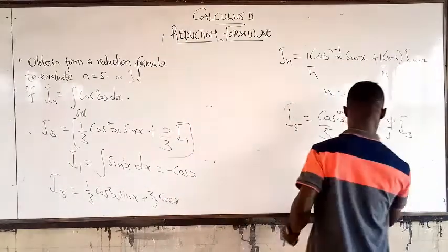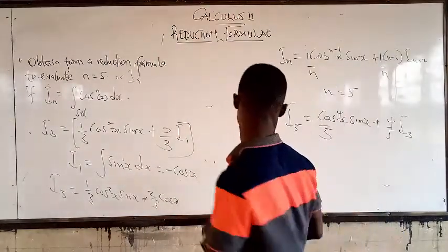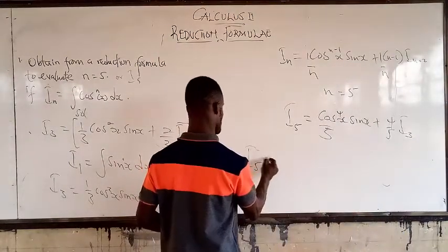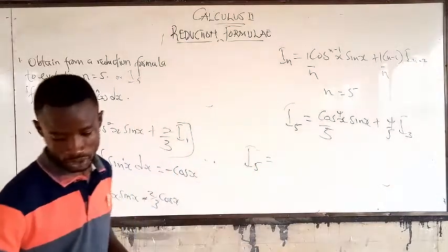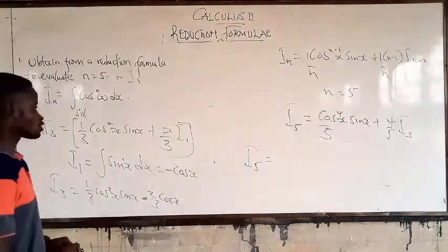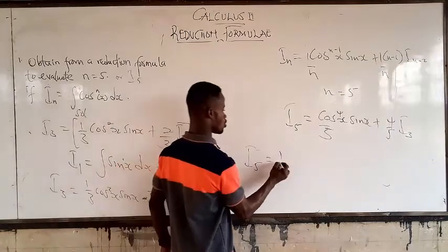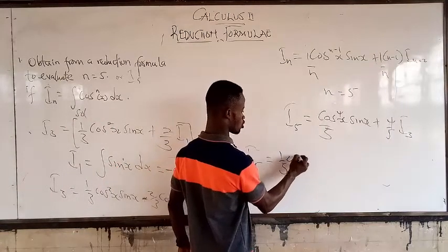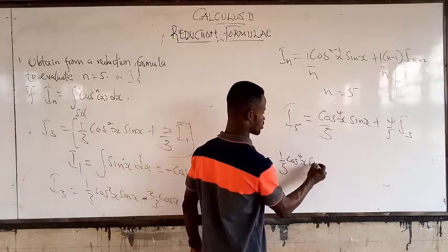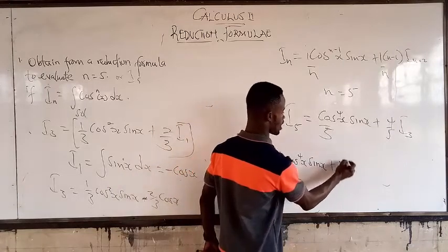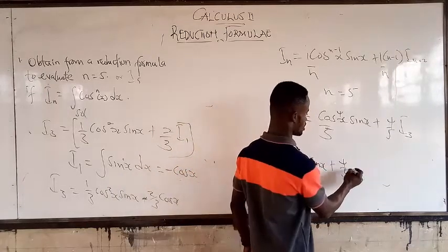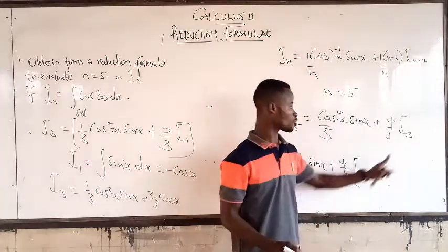And in all, the I5, by substitution, is going to be equal to 1 over 5 cos to the power 4 x sin x plus 4 over 5. Then this multiply I3.